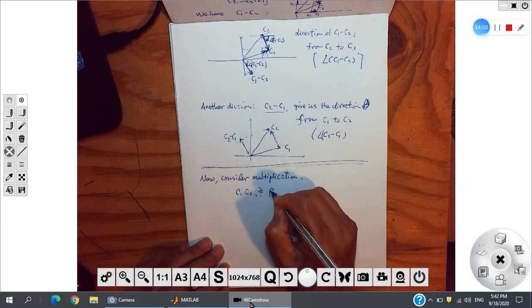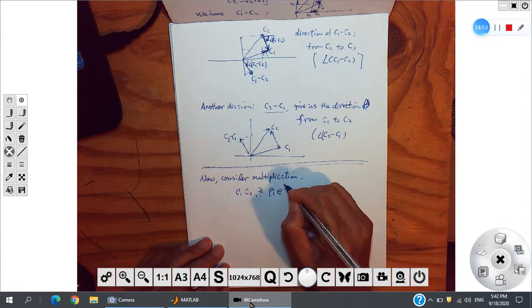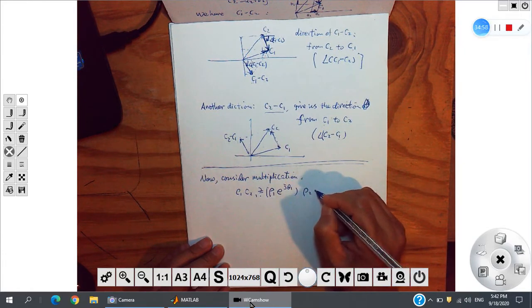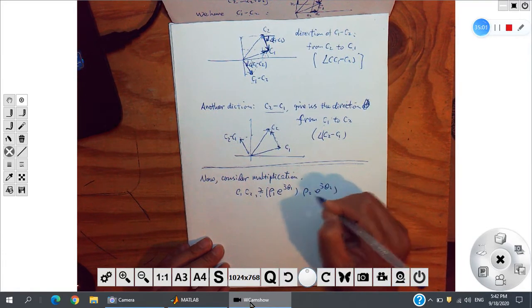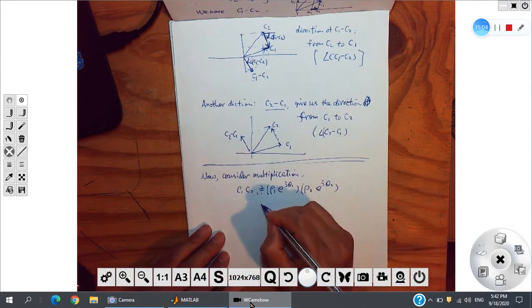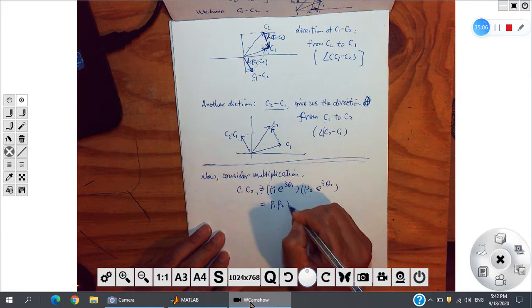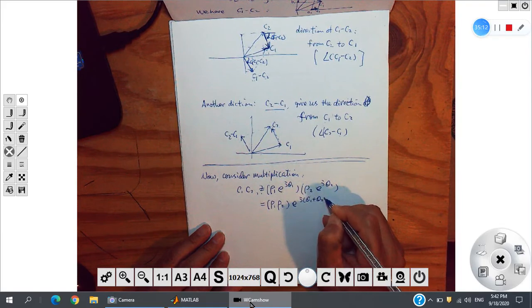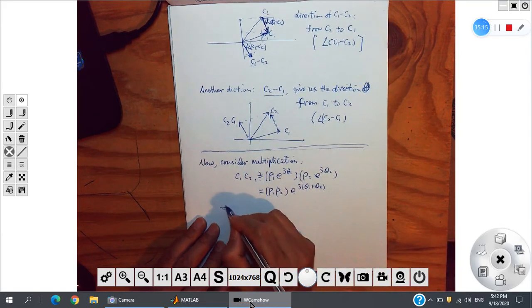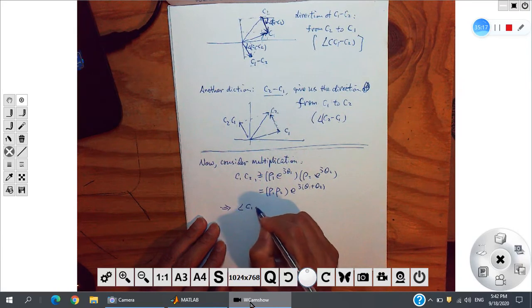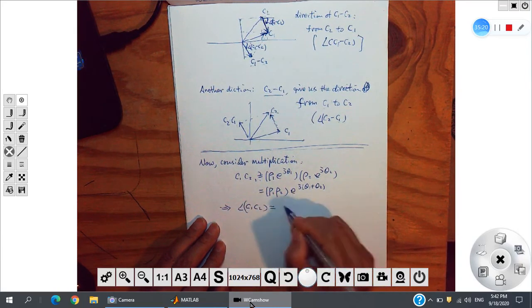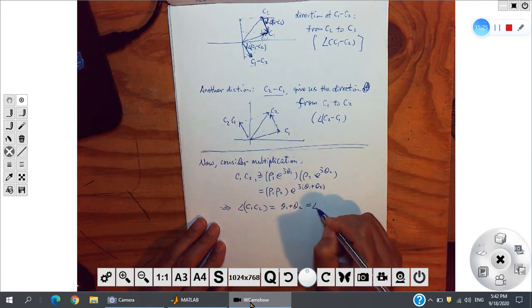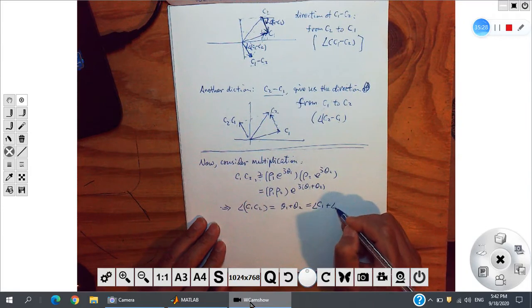C1 is rho 1 times e to the j theta 1, and C2 is rho 2 times e to the j theta 2. Now things become simple. It is just rho 1 times rho 2 times e to the j (theta 1 plus theta 2). So the angle of C1 times C2 equals theta 1 plus theta 2, where theta 1 is the angle of C1 and theta 2 is the angle of C2.